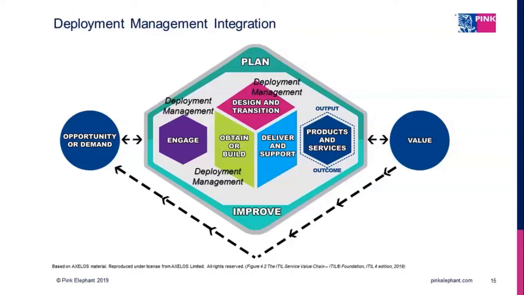And then deployment also, depending on what you want to do here, can be a part of engage as we go through, and if we need to provide notification to our customers or anything like that, any kind of conversations that are taking place is really part of that engage, especially when the conversations are going back and forth. So deployment would be around these primary areas and not so much deliver and support when they're talking about moving something into the production environment.